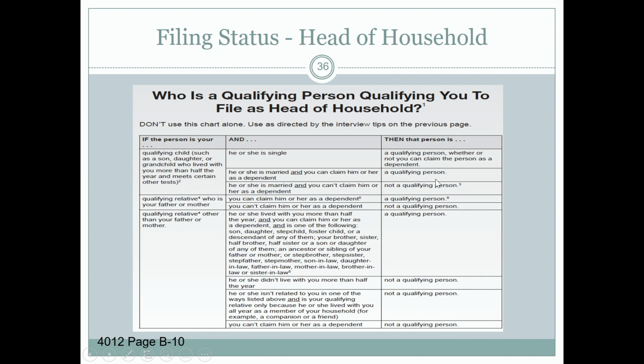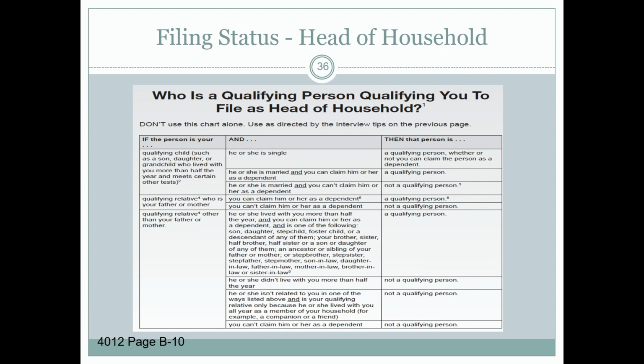We also talked about having to have a qualifying person to live with you. When we talk about a qualifying person, you have a little chart in your 4012 that helps to make that determination. First of all, if the person is your child, such as a son or daughter or grandchild who lived with you more than half of the year, and they are single, then that person is a qualifying child for head of household filing status, even if you cannot claim them as a dependent.